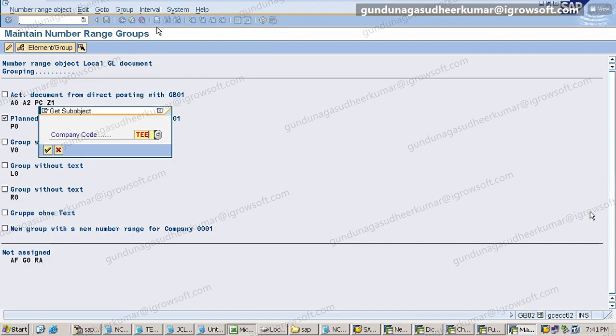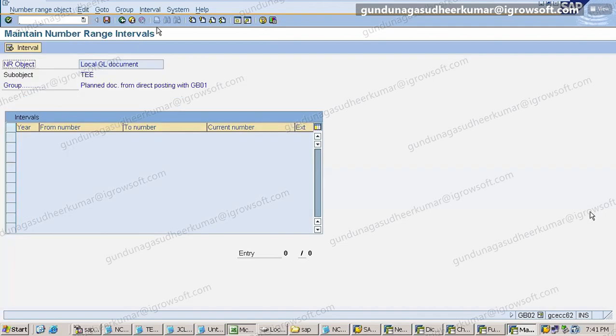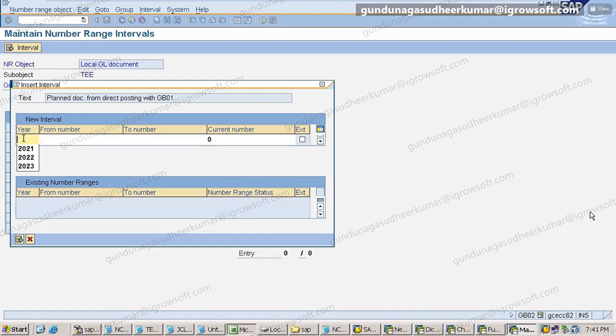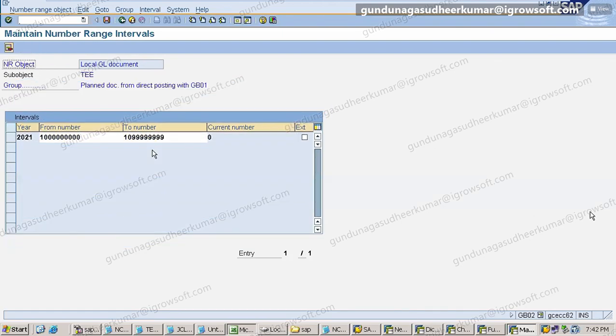T. And planned document for the direct posting. Insert interval. Number, I am giving year 2021 from 1000 to 109, whatever number I want to give. Enter, save. So planned documents for direct posting.